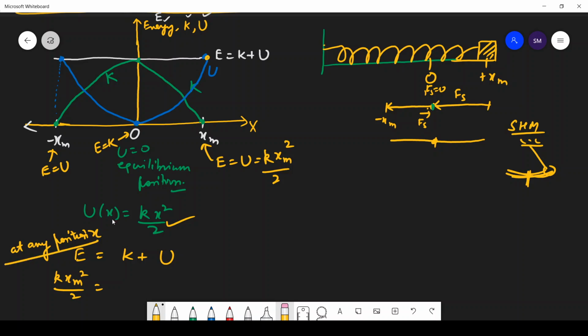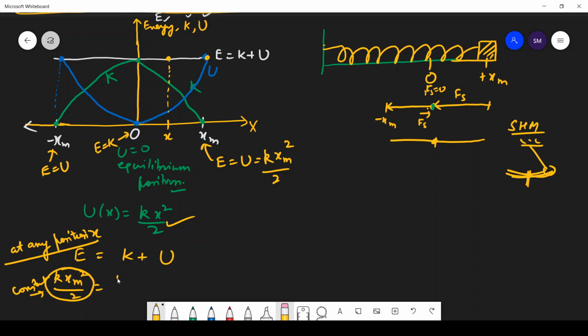So now I am writing it at any position x. Suppose this is the position x, I'm talking about this position. So obviously E is constant, this is not going to change. This K and U is going to change along with x. So what is your K?